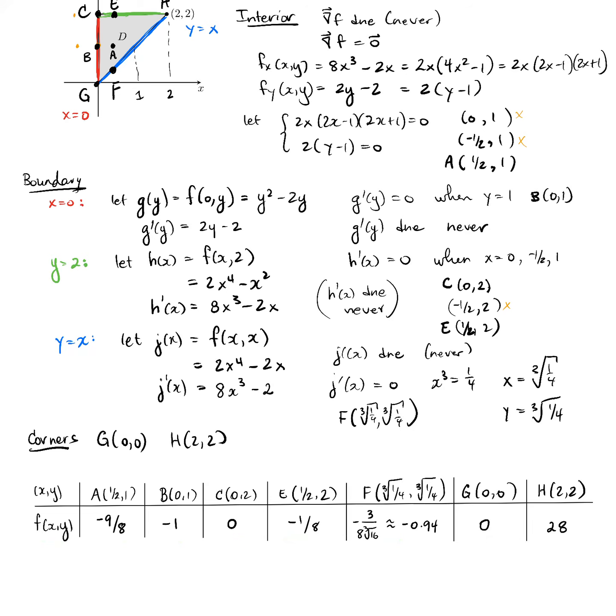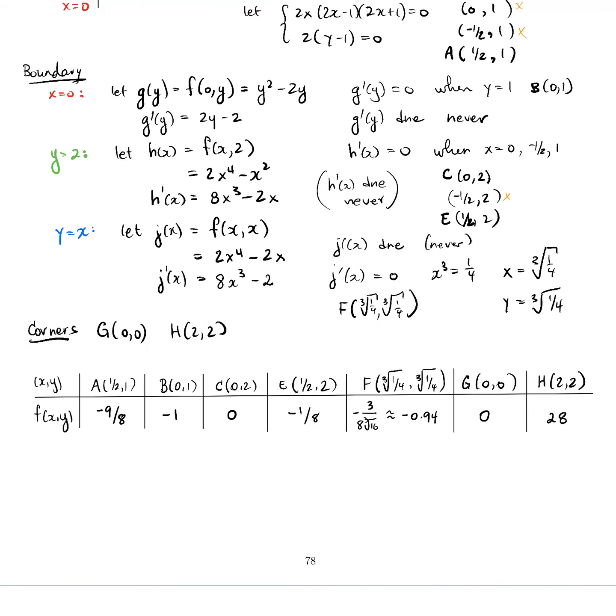The smallest value, the lowest negative, is going to be this guy. So that is our absolute min. Our highest value is here, our absolute max.